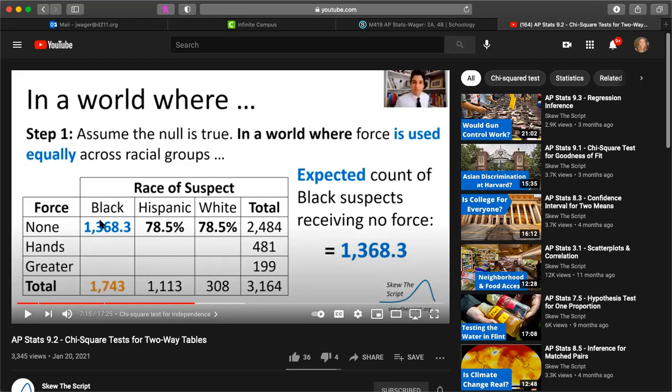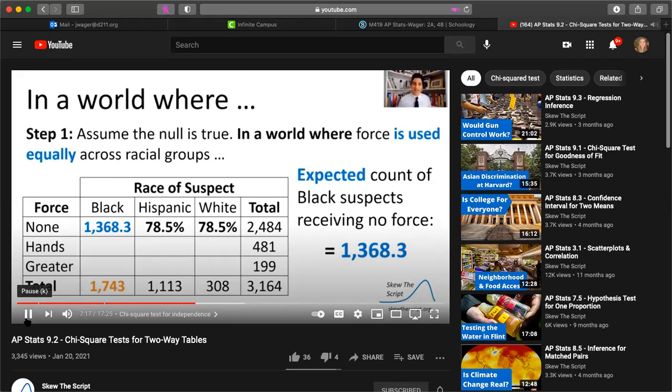We then have, of the black race, there were 1743. That's my sample size. So 1743 times the proportion. That's where we have the expected count of 1368, the n times p in order to get expected. Because again, we're going to need observed minus expected squared all over expected.